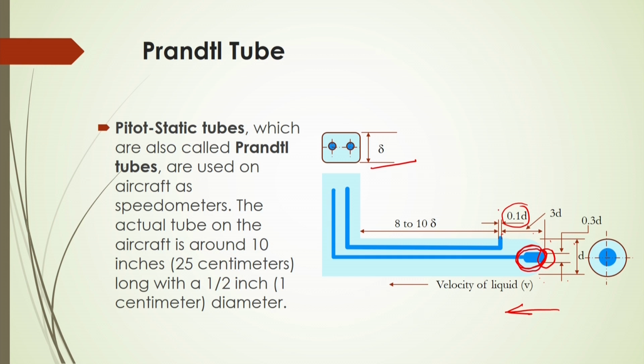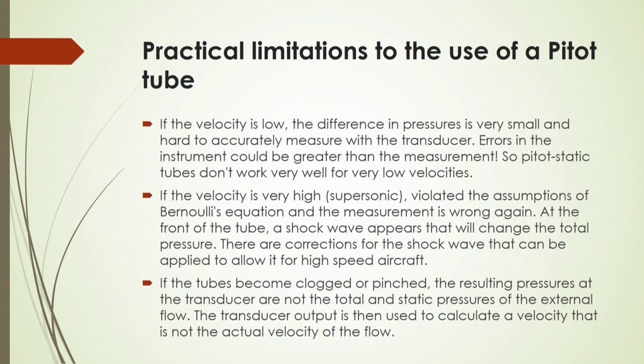In this case, the pressure obtained here is perpendicular to the fluid, and here it is parallel to the fluid. This is your stagnation pressure, and this will be your free stream pressure, and based on this pressure difference you will be able to calculate the flow rate or velocity of the fluid.